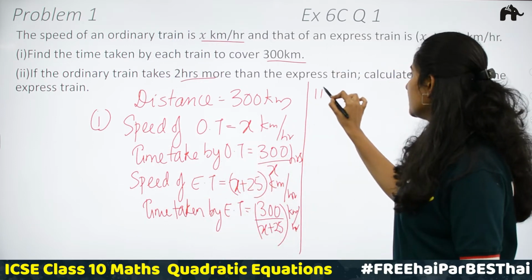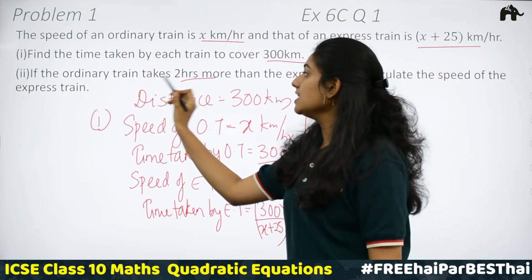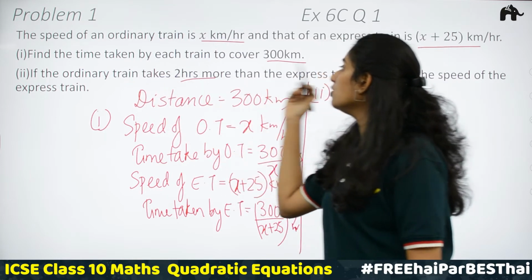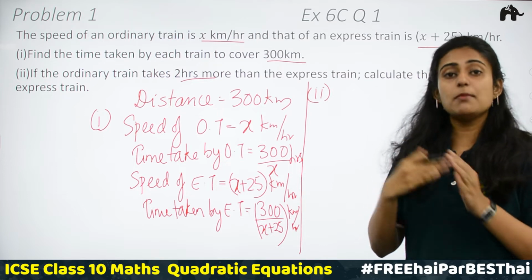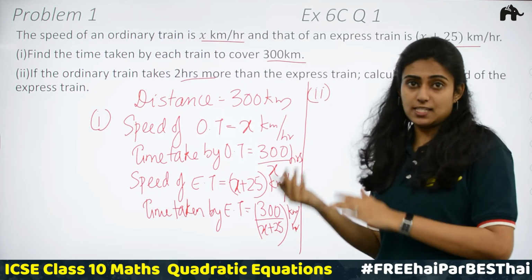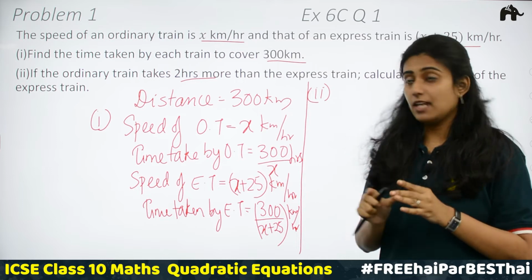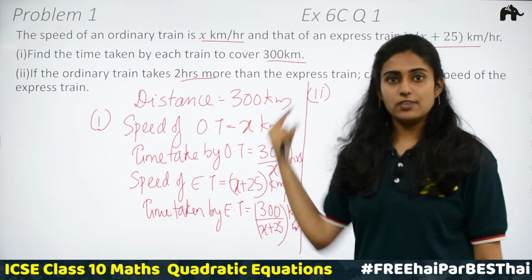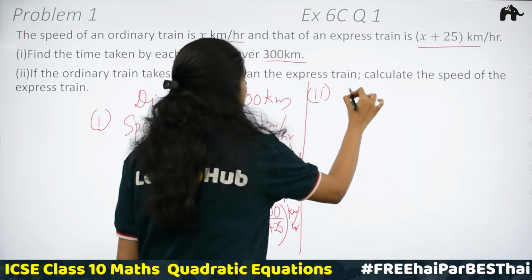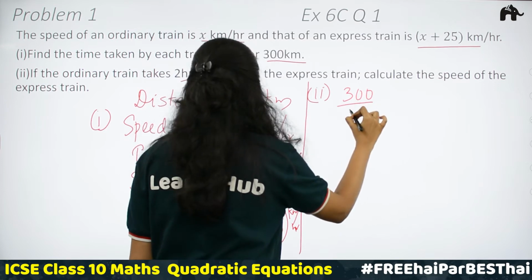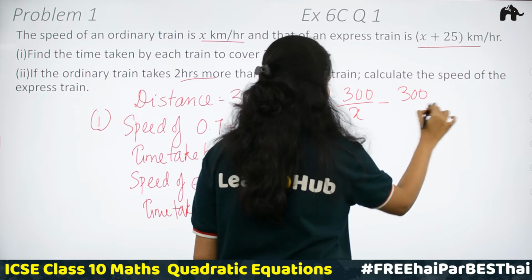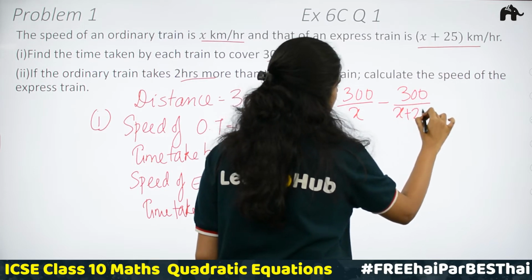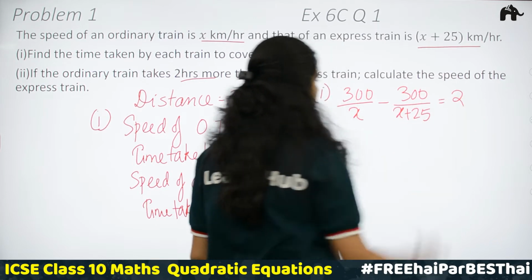The second question, if the ordinary train takes 2 hours more than the express train, that is time taken by ordinary train minus the time taken by the express train. Difference between the time taken is 2 hours. We can write this as 300 divided by x minus 300 divided by x plus 25 is equal to 2.